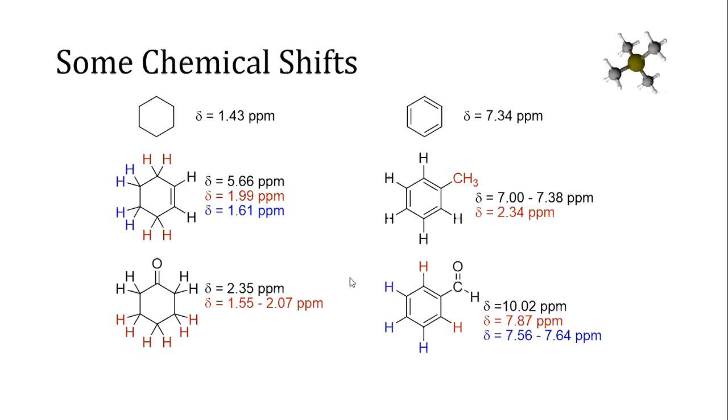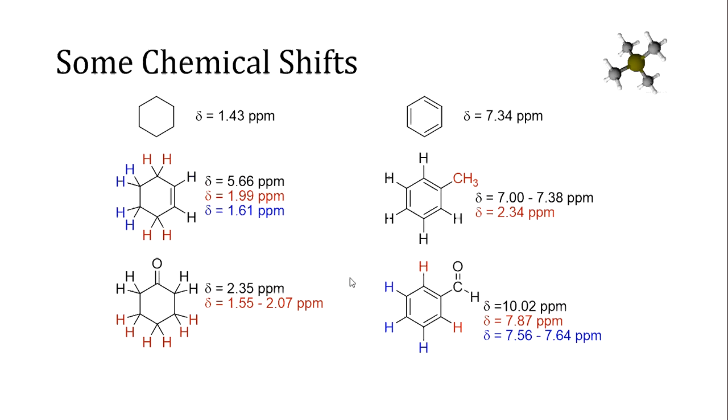At the bottom of the left column is cyclohexanone, which contains not just a pi bond, but a pi bond to oxygen. So the electronegativity of the oxygen atom also plays a role in increasing the chemical shift. Because there are no hydrogen atoms directly attached to the carbon in that pi bond, there's no extremely large chemical shift increase, but the neighboring hydrogen atoms, those hydrogen atoms one spot away, still have a pretty large chemical shift at 2.35 parts per million.